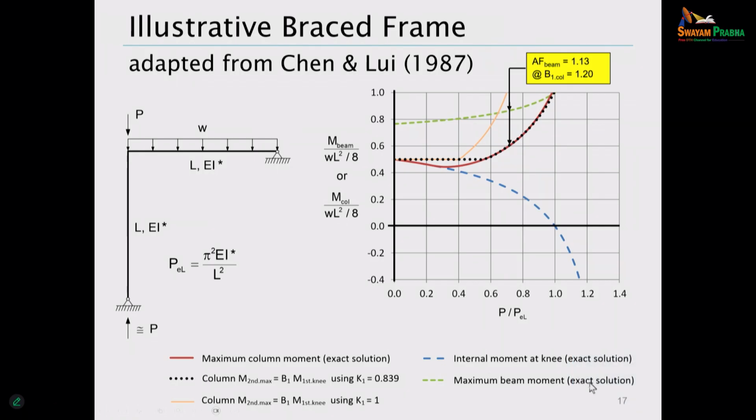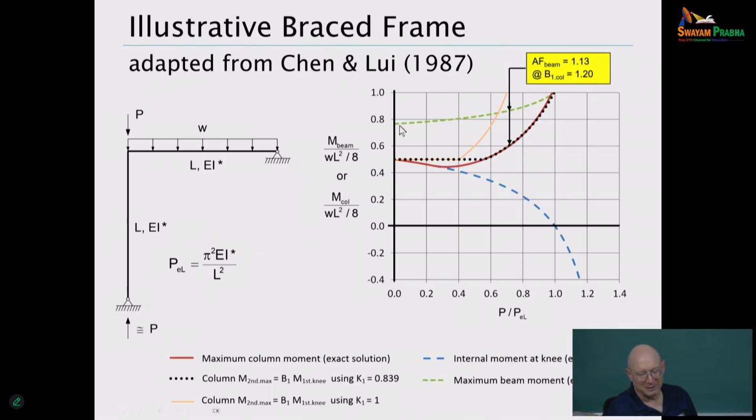And then lastly, the maximum beam moment. That's the green dash curve. First order analysis would be slightly less than 0.8 in terms of 0.8 of WL squared over 8. But as we increase the axial load, that beam moment is increasing. Now the commentary to the AISC 360 standard has some discussion that's guidance on cases like this.